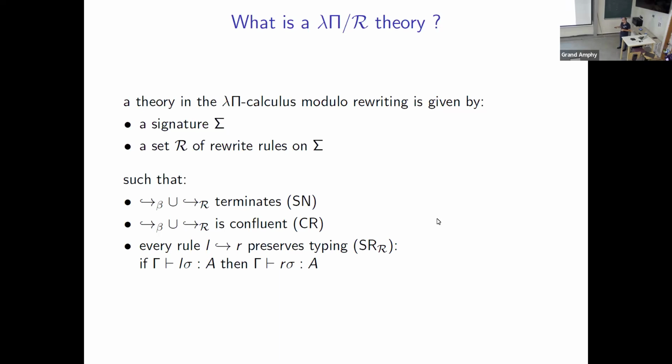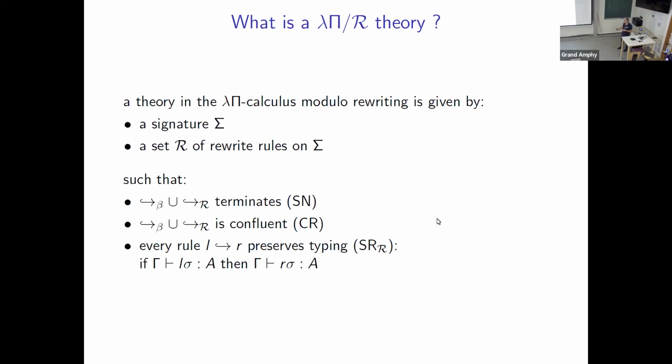To preserve decidability, we assume that the combination of beta reduction and rewriting terminates. And we also assume that beta reduction and rewriting together is confluent, so any term has a unique normal form.